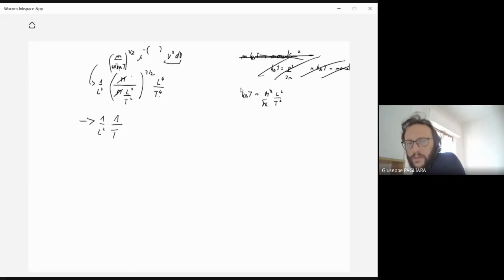So it's 1 over length squared divided by time. And indeed it is correct. So it's the number of particles divided by a surface times time. So this is correct. It is a flux.